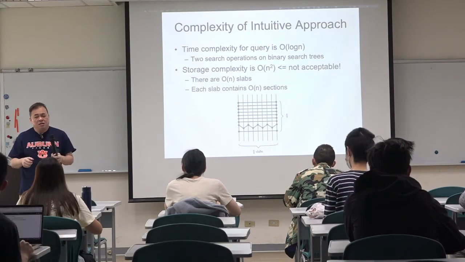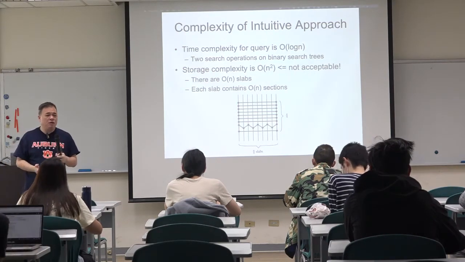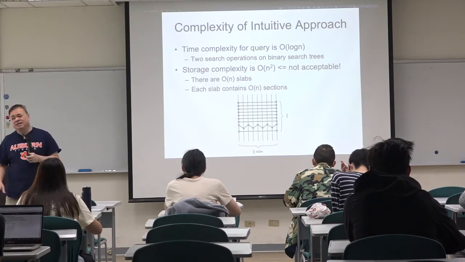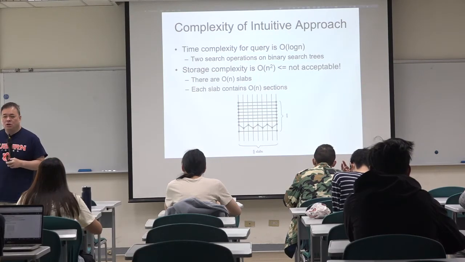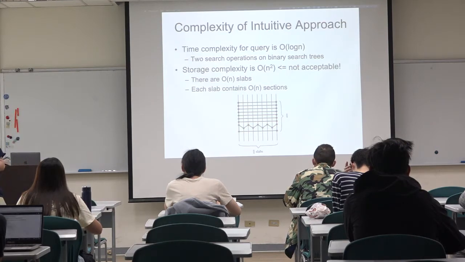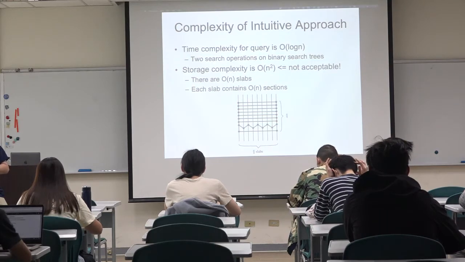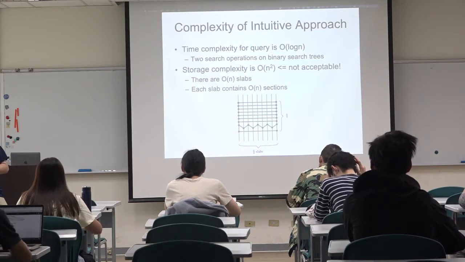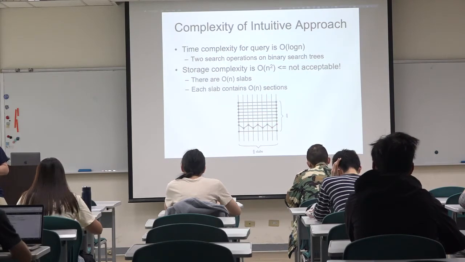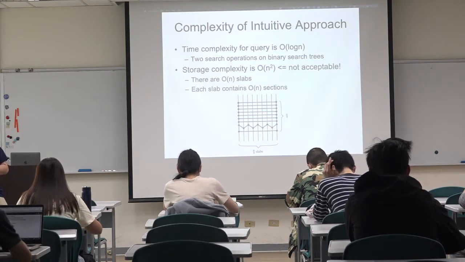And if that's the case, remember even in the last chapter, we tried to use more space in exchange for a better query time complexity. Remember that? The range tree example? We pay more storage cost to reduce the query time complexity, in the case of the range tree.